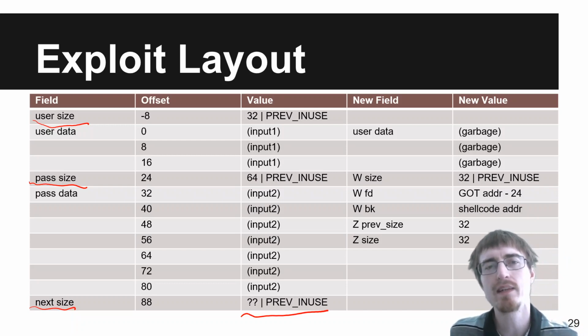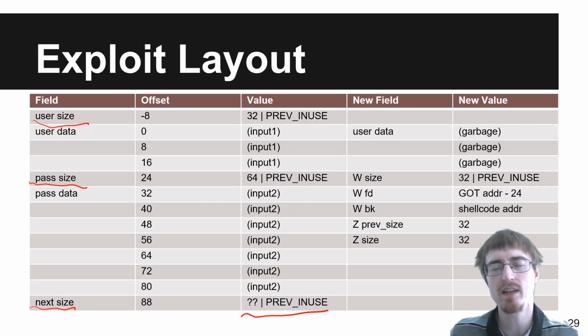Well, this means that we cannot use password for the purpose we described before. We don't want it to be in use, we want it to be free, because we want it to be merged with another block to be able to exploit the corruptions. So, as described, we actually create a new block that is free. Let's see how this works.